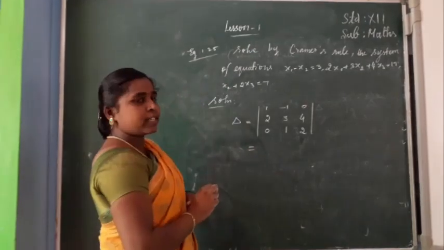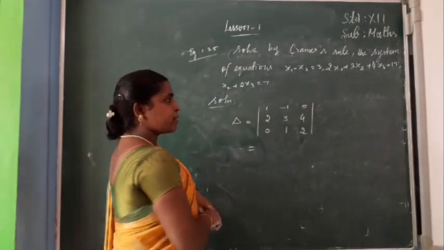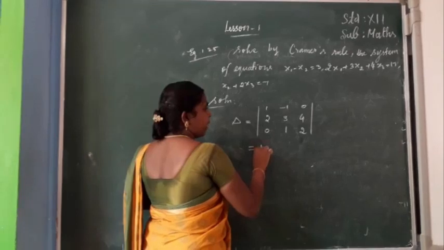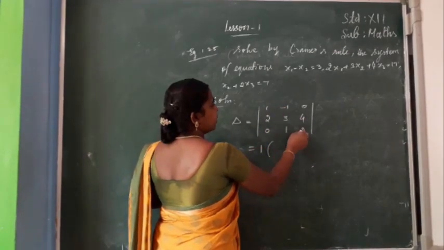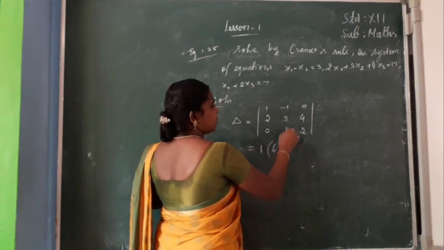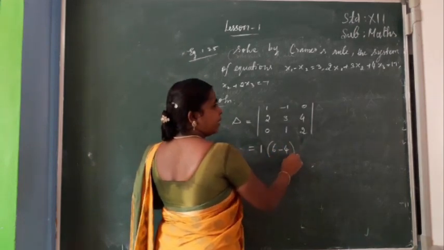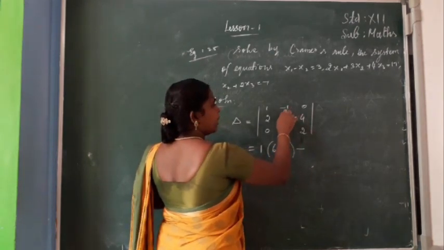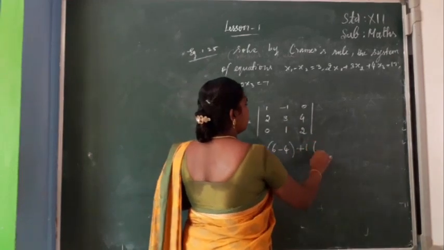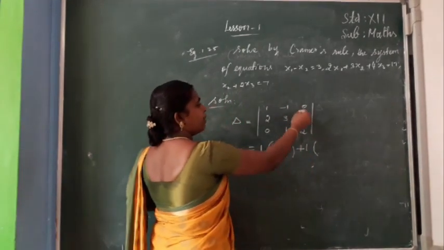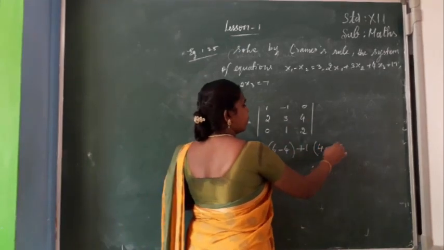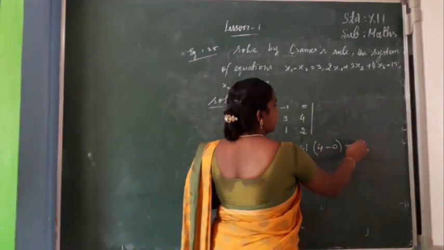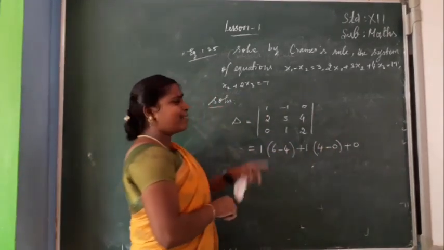Now we can find the determinant. You know how to find a determinant for a 3 by 3 matrix. First element is 1 into, leaving the first row and first column, 3 twos are 6 minus 1 four is 4. Next minus, so plus 1 into, leaving the second column, 2 twos are 4 minus 0 into 4 is 0. Next plus 0, no need to multiply.